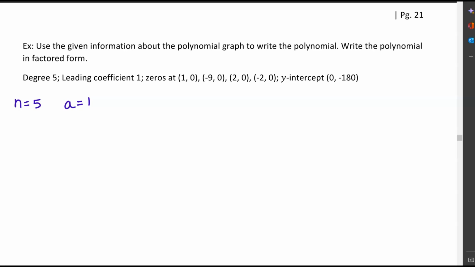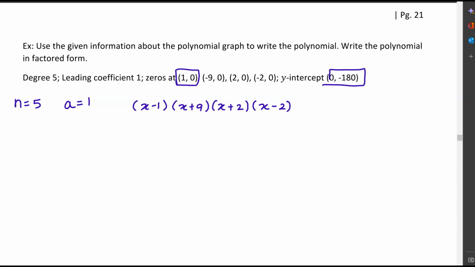I'm just going to write these as factored form. So this would be x minus 1, and then I have x plus 9, x plus 2, and x minus 2. And we have a y-intercept of (0, -180).